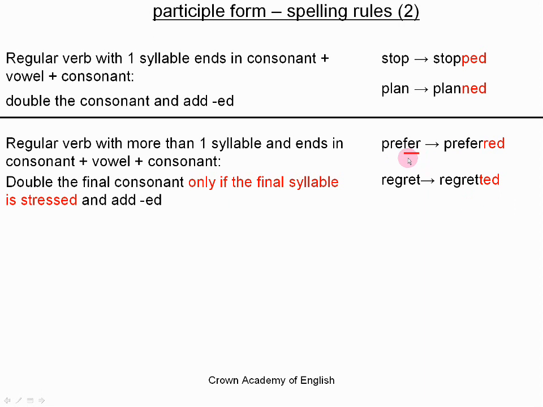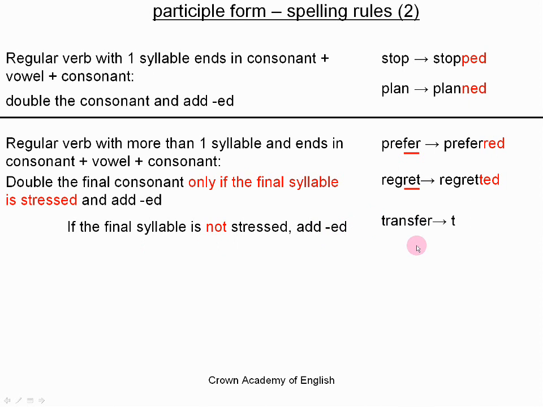Since the second syllable is stressed, we double the r and add ed. But if the final syllable is not stressed, we just add ed. I have transferred. Ed. Because the first syllable is stressed.